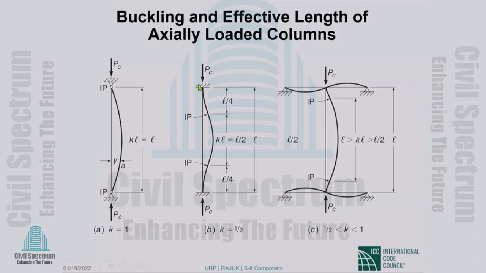The rotation will not be totally prevented. At the same time, it will not be totally free to rotate either. So K will be between 1 and 1/2, between these two cases. Okay. So KL will be between 1L and 1/2 of L.